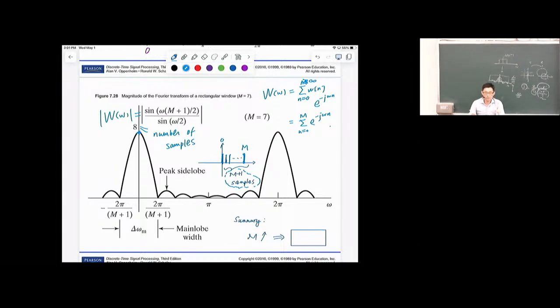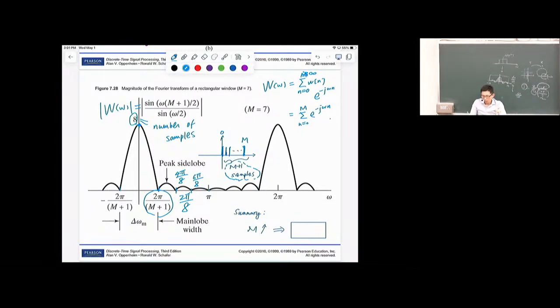If the length of the window is 8, then in the middle it peaks at 8. And then it crosses 0 at what? At integer multiples of 2 pi divided by 8. So this should be 4 pi divided by 8, 6 pi divided by 8, and so on, and pi is 8 pi divided by 8.